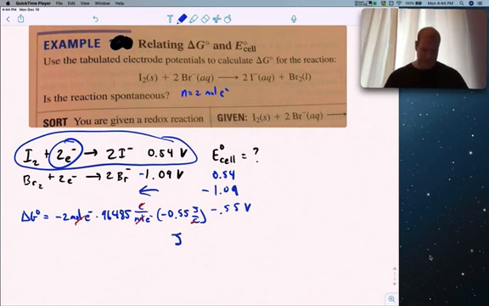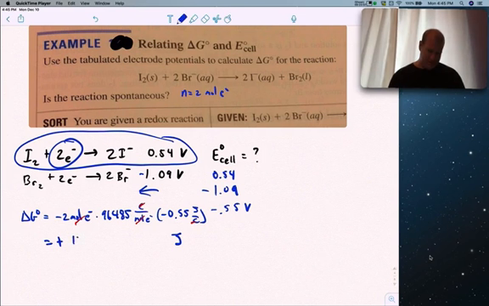And let me just put that in my handy-dandy calculator. A minus is going to be a plus. So 2 times 96,485 times 0.55, and this is positive.